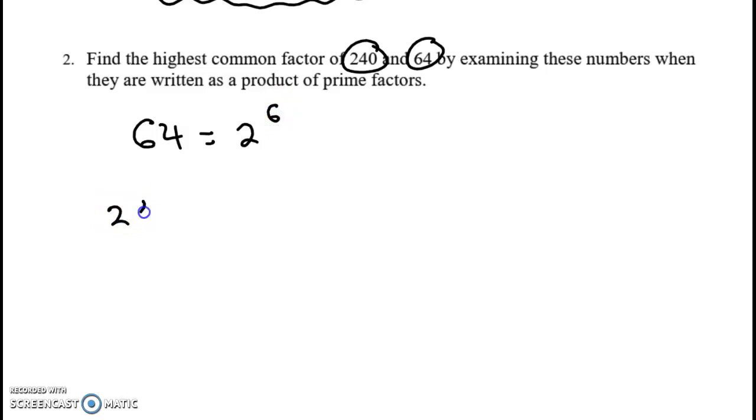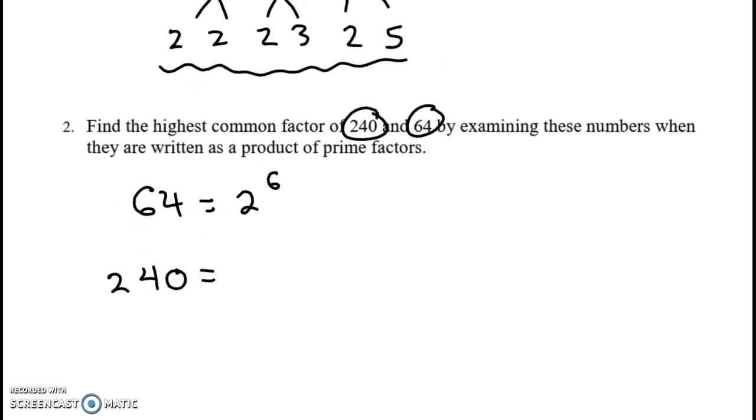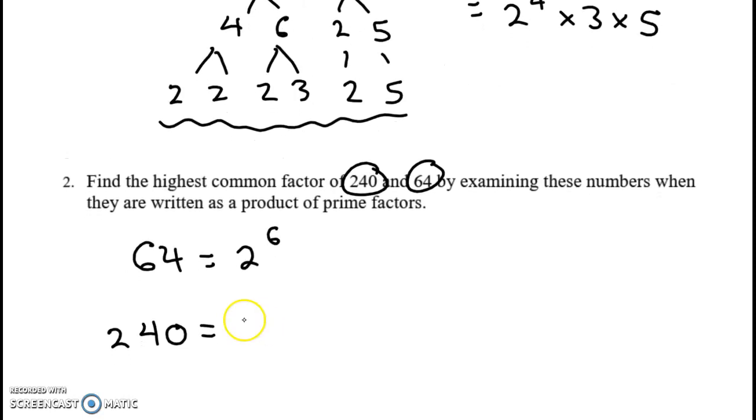And 240 we saw as being 2 to the 4 times by 3 times by 5. So what's the highest common factor between these two? Well, if we find what's in common between these two lines, that's going to give us our highest common factor. So what is contained in both of those? What factors are all in the same?